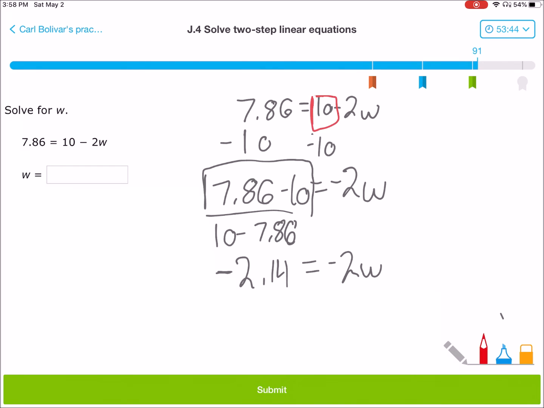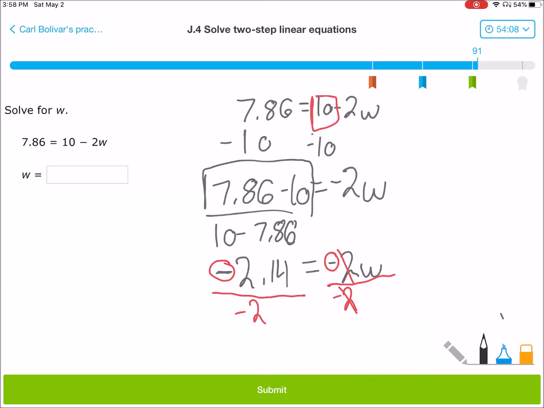Alright, so now we have a negative over here and a negative over here. We're going to divide by negative 2 over here. That will cancel out. And we're going to divide by negative 2 over here. Now we have a negative and negative. Remember what happens when you divide negative and negatives? Yes, they will become a positive sign.